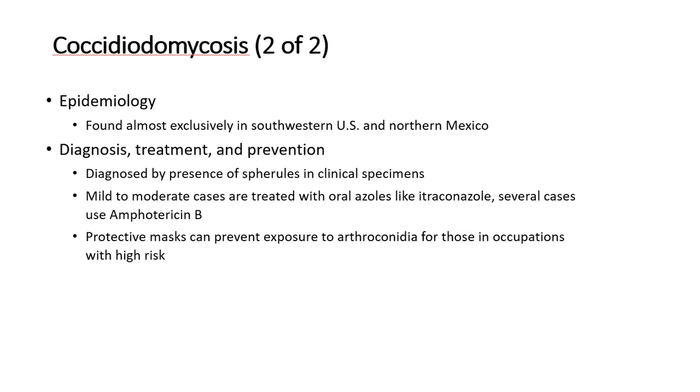Mild to moderate cases are treated with oral azoles. And severe cases get amphotericin B, which is nasty to take. A protective mask can prevent exposure for those in high-risk occupations. So if you're out there in the Southwest working in the soil, wear a mask. Okay.